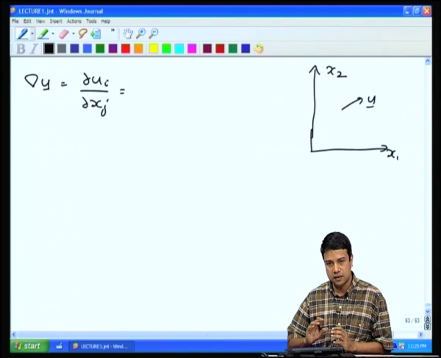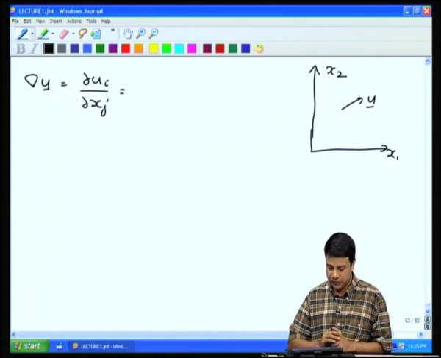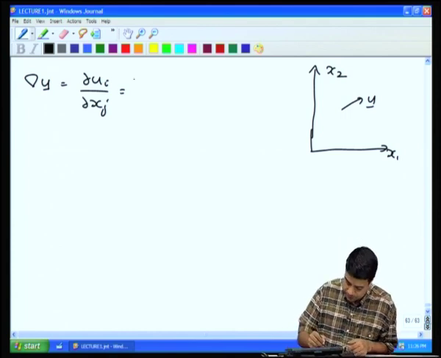We will see later how this is extended to 3 dimensions, but it is easier to visualize if I do it in 2 dimensions. So, in 2 dimensions there are 2 coordinates and 2 velocities, and therefore, this gradient of the rate of deformation tensor has only 4 components.